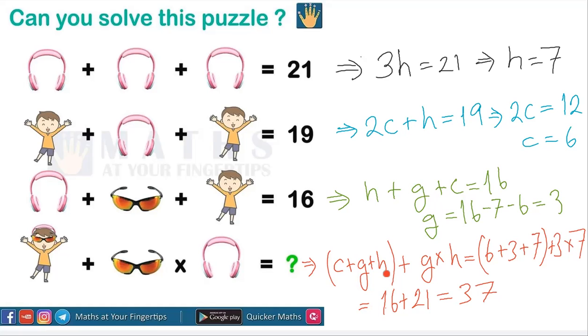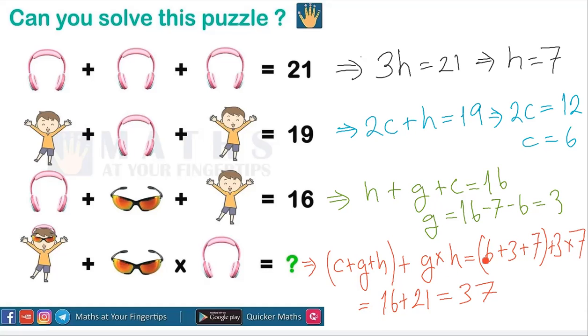We write it in brackets because altogether this is one thing, plus glasses times headphone, g times h. If we substitute all these values, we have this new equation, 6 plus 3 plus 7, plus 3 times 7. Bracket is first, so let's add them.